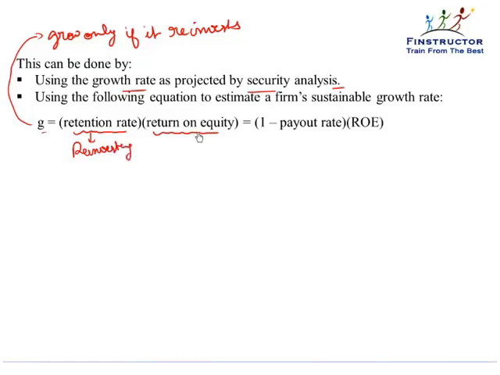And return on equity is the return that I'm additionally making on that reinvested earnings. So whatever I'm reinvesting is going to contribute to the growth to the extent I'm able to earn a return on it. Please watch the review on financial reporting to understand the details of this proof. So remember that retention ratio into ROE is another way of calculating G. Retention ratio can be written as 1 minus the payout ratio into the ROE.